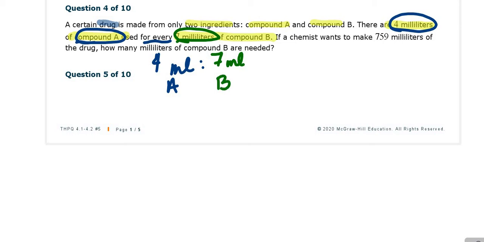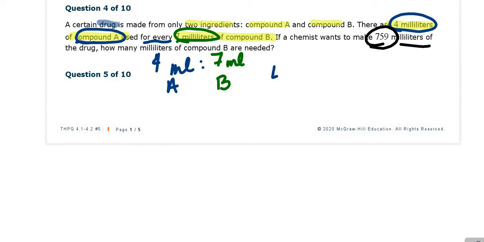Now it's asking if the chemist wants to make 759 milliliters of the drug. So that's the total of the drug. How many milliliters of compound B are needed? So we're going to treat this ratio as variables.